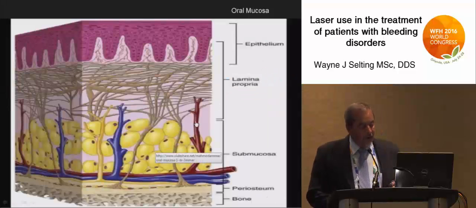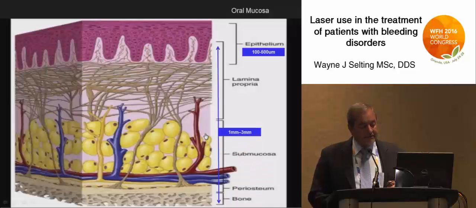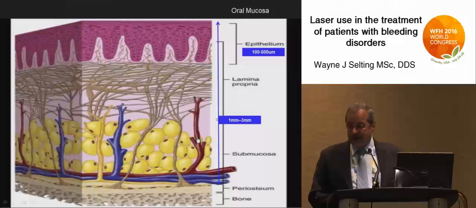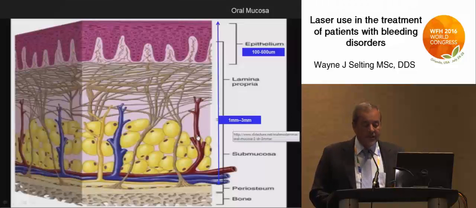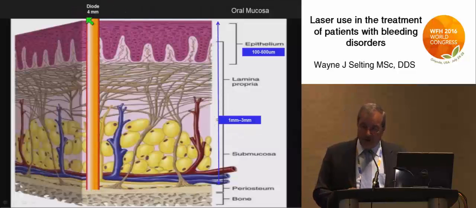I will oversimplify this a little bit and talk about oral mucosa. We have epithelium that's perhaps 100 to 500 microns in thickness. The entire mucosa may be 1 to 3 or 4 millimeters thick, depending on where it is in the mouth and what its function is.